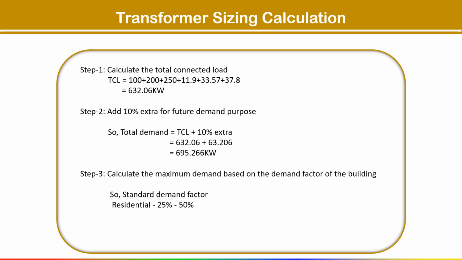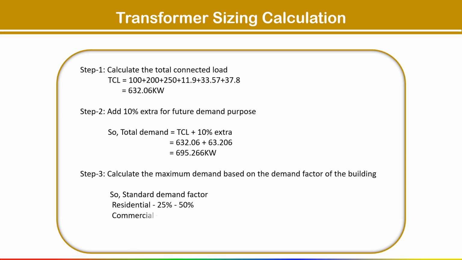For example, if a residential area has a total connected load of 10 kilowatt, the actual demand during peak period might be in the range of 2.5 kilowatt to 5 kilowatt, depending on factors such as lifestyle, habits, and appliance usage pattern.